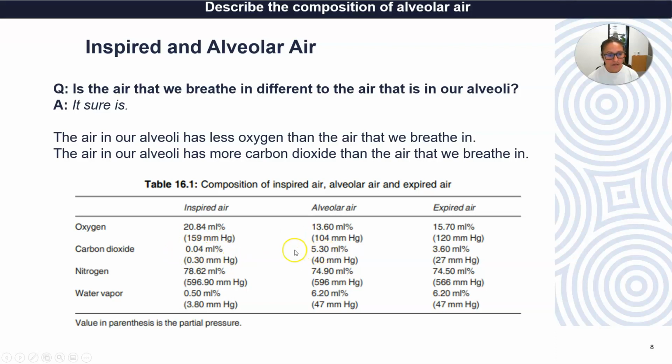Look, okay? So I want you to think about and write down the difference between carbon dioxide and oxygen. So look at just those two. And what is the difference between the inspired air versus the air that's already in our alveoli?